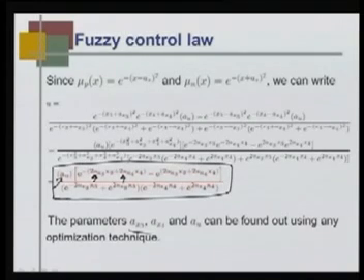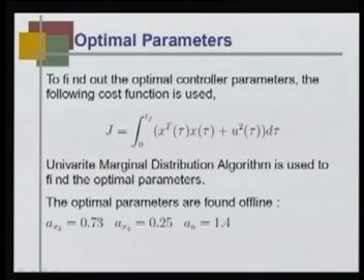So, these 3 parameters have to be found, and we can use any kind of optimization algorithm, and particularly we have used genetic algorithm, particularly univariate marginal distribution algorithm. We have already described in the previous classes what is univariate marginal distribution algorithm.